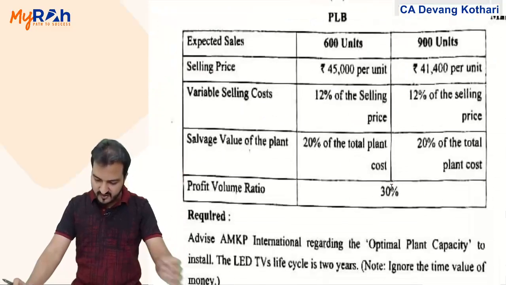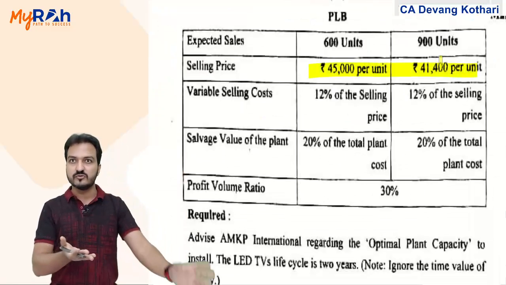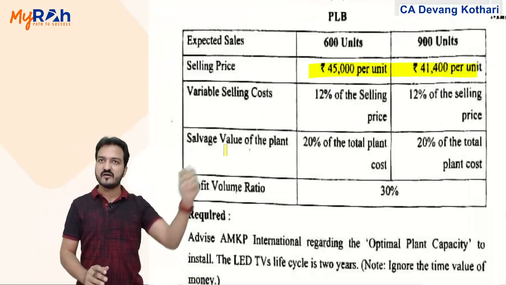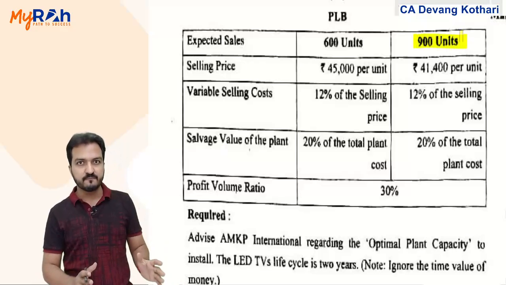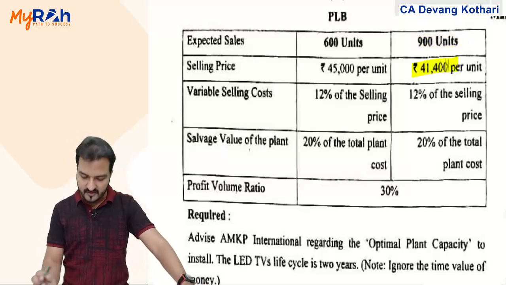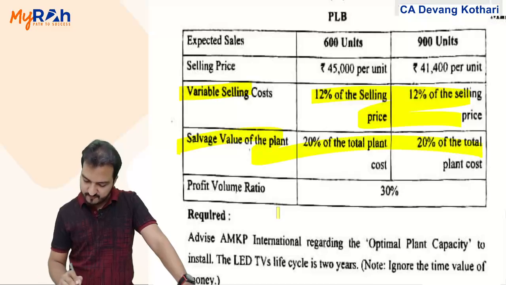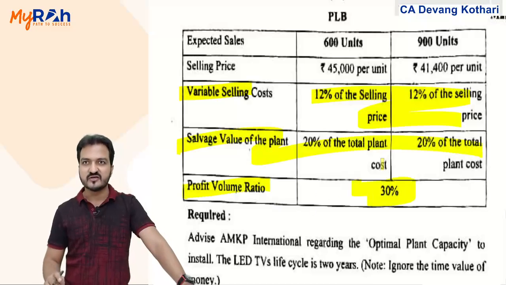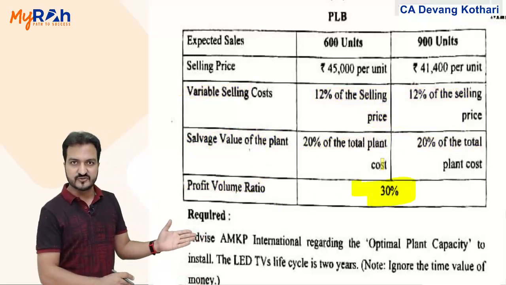You are given selling price per unit in option 1 and option 2. If I want to sell 900 units in lifetime, then I need to charge a lesser price. Simple law of demand. Variable selling cost is given, salvage value of plant is given, and PV ratio is given, common between both options.